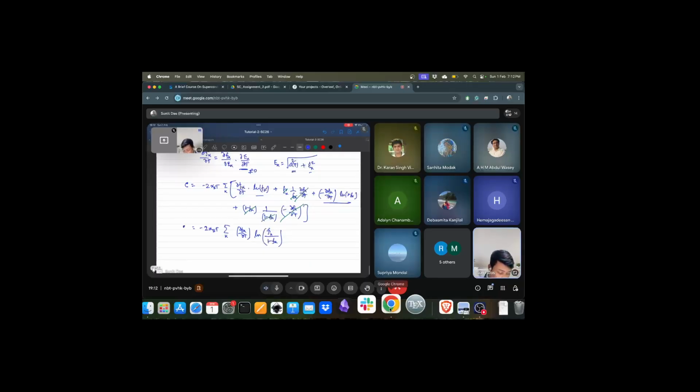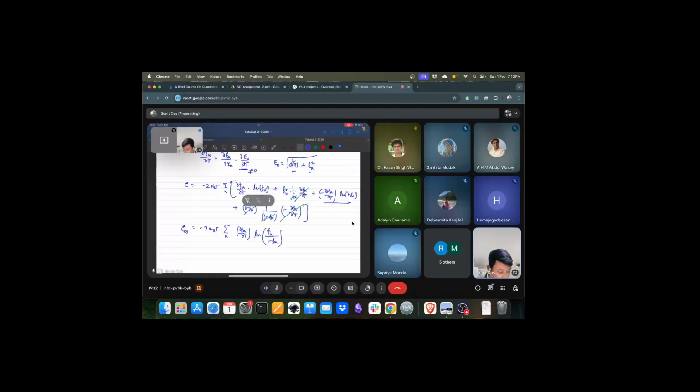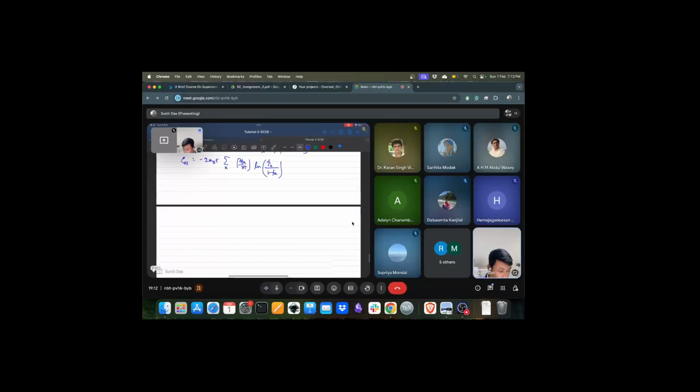So this is the C_es. Does it need to be proved or not? No, we are not there yet. So now what we need to do is explicitly take this part.